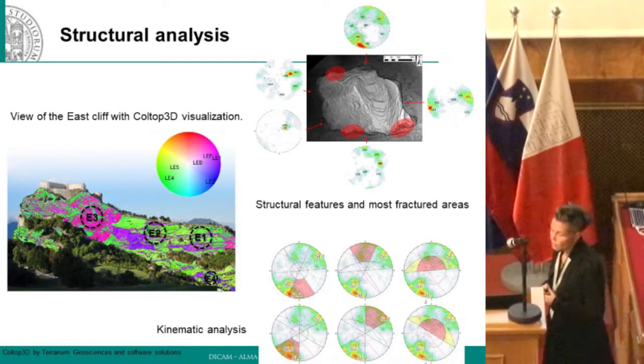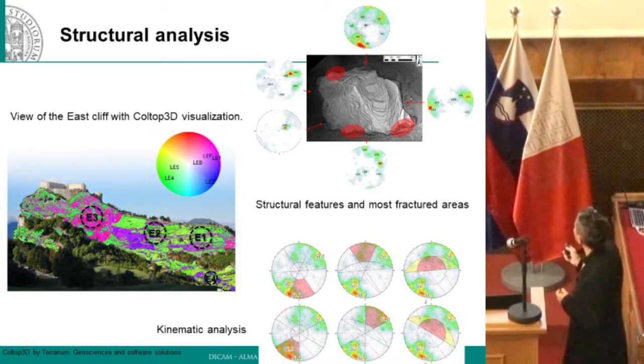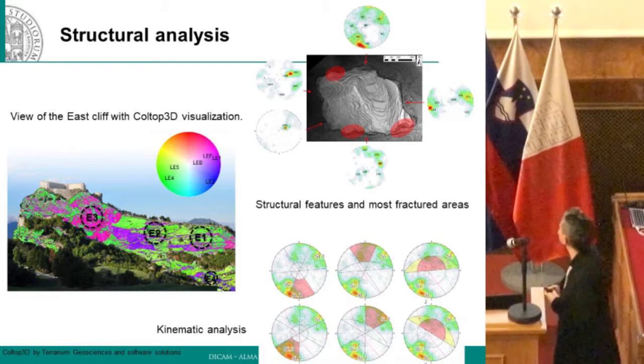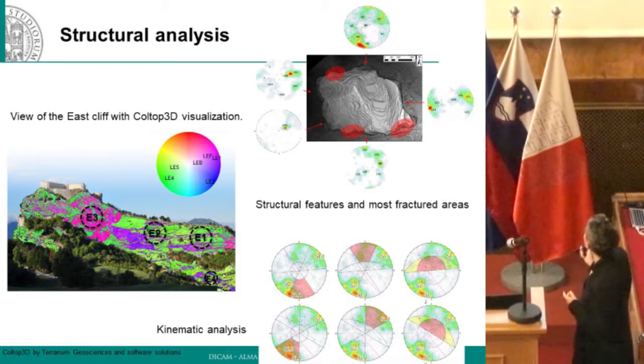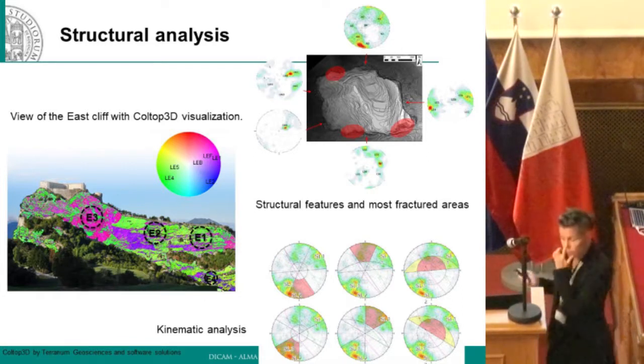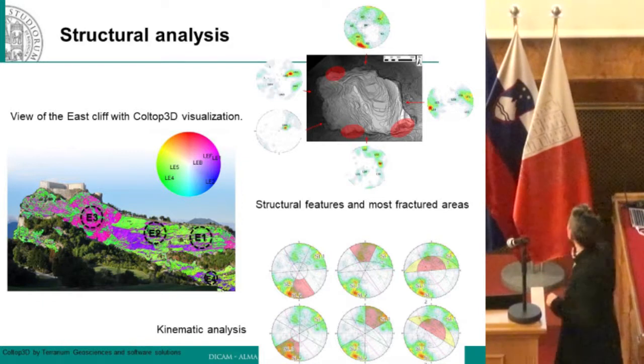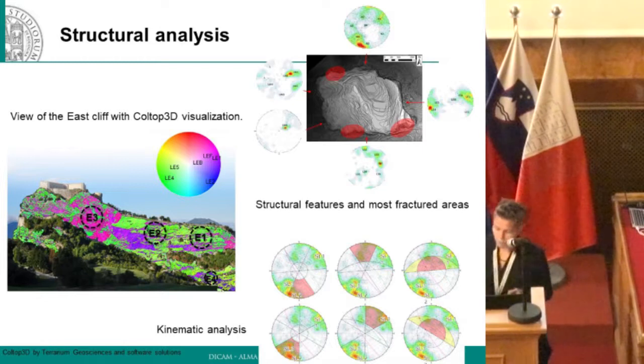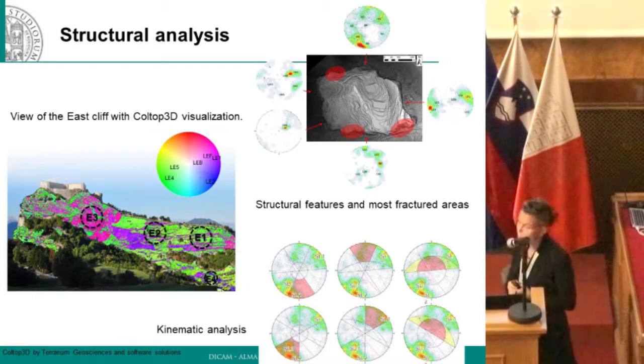The data from photogrammetry and terrestrial laser scanner were used for, let's say, classification of the joint sets using the Coltop software. And this helped to identify the most fractured area in the slab, and also to do a quite simple kinematic analysis of the possible sliding mechanisms with respect to the rock mass.